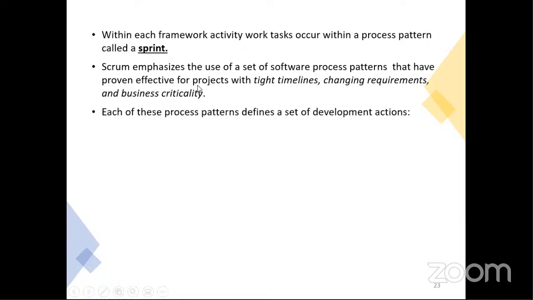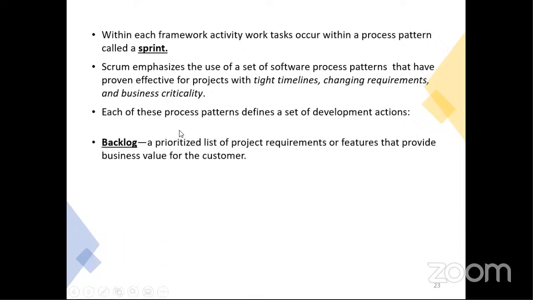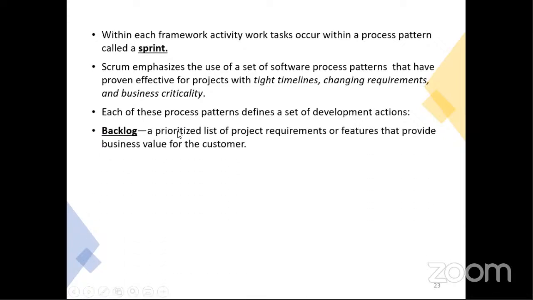Each of these process patterns defines a set of development actions. A backlog. What do you mean by backlog? A backlog is a prioritized list of project requirements or features that provides business value for the customer. Items can be added to the backlog anytime during the project life cycle.